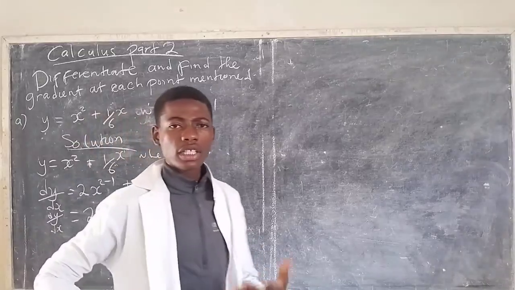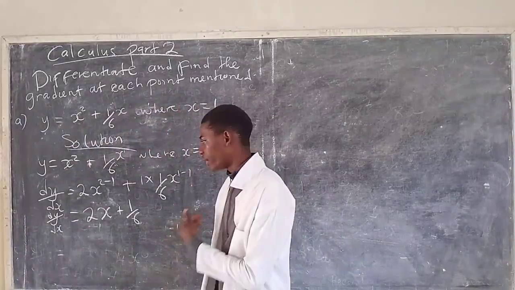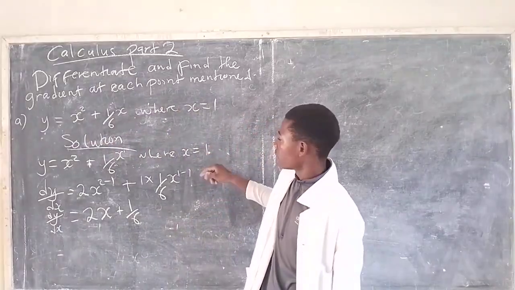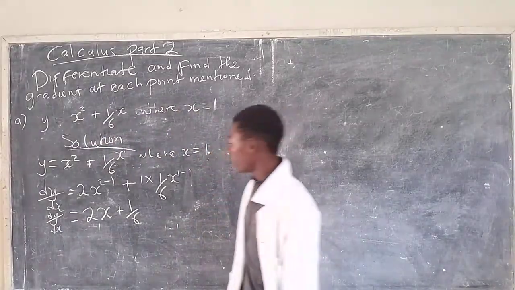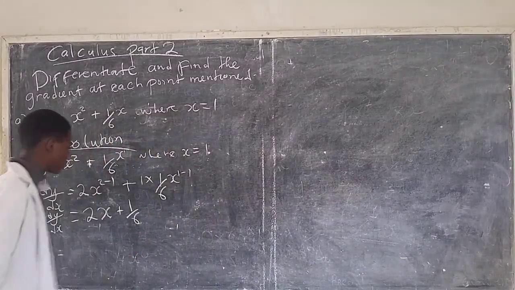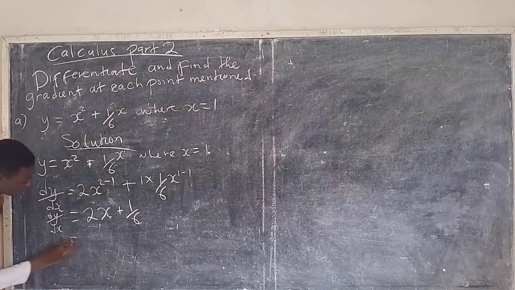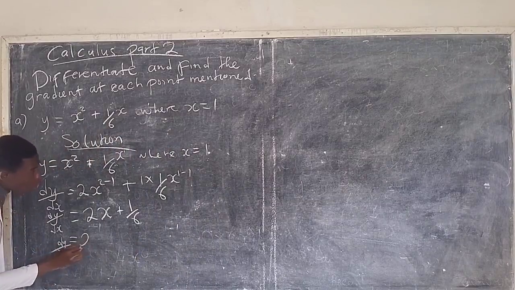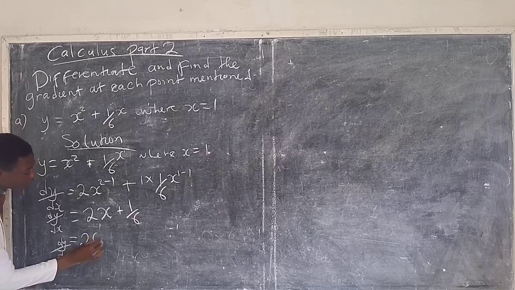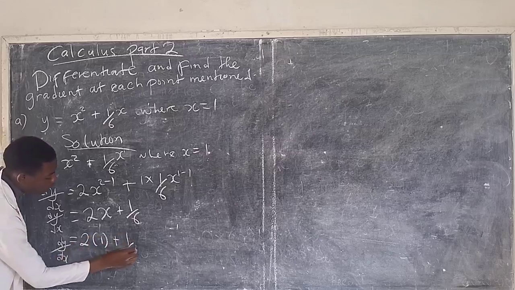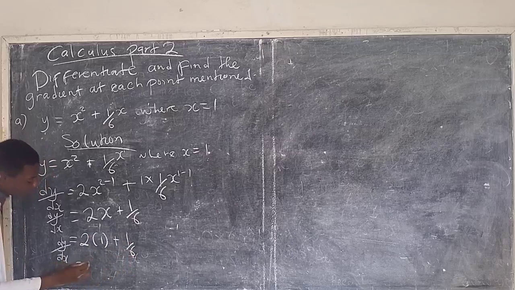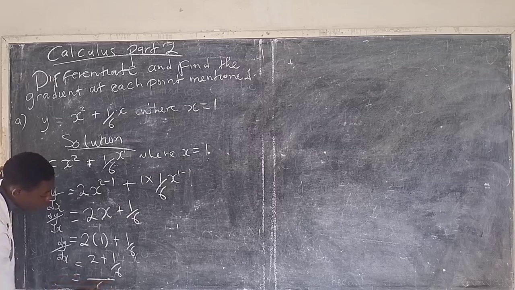This gradient function will now help us to find the gradient at any point. Specifically for this one, we are finding the gradient at where x is equal to 1. So dy over dx should be equal to 2, where x is equal to 1, plus 1 over 6. To work this out, we have 2 plus 1 over 6, which is 12 plus 1 over 6.